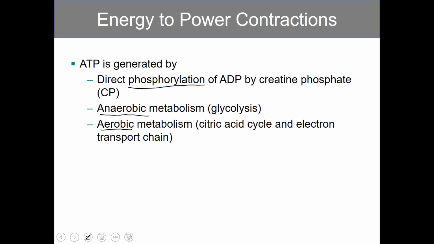Anaerobic metabolism, the word itself means that it does not require oxygen, while aerobic metabolism requires the presence of oxygen. Anaerobic metabolism is also known as glycolysis, and aerobic metabolism includes complicated cycles such as the citric acid cycle and the electron transport chain.